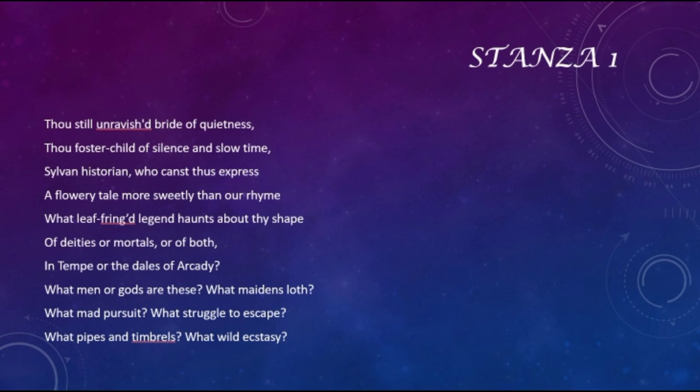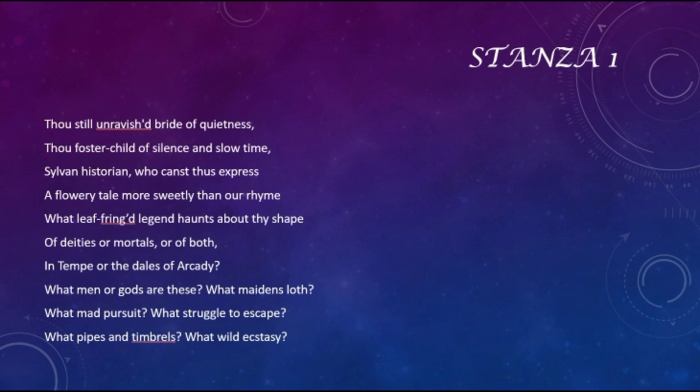What leaf-fringed legend haunts about thy shape, of deities or mortals or of both, in Tempe or the dales of Arcady? What men or gods are these? What maidens loth? What mad pursuit? What struggle to escape? What pipes and timbrels? What wild ecstasy?